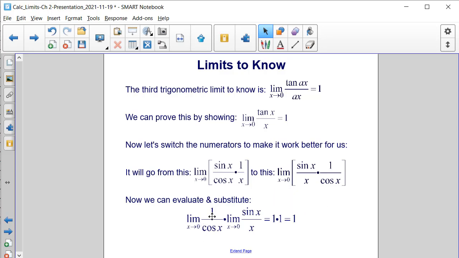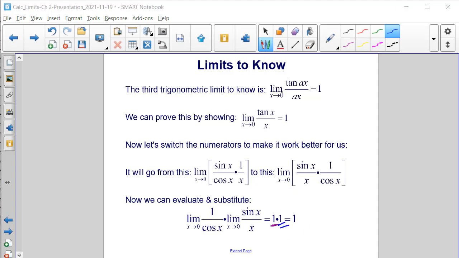We have the limit of 1 divided by cosine of x as x approaches 0. If we substitute 0 in for x, cosine of 0 is 1, and 1 over 1 is 1. So that's how we get this value. And this other one, the limit of sine of x divided by x as x approaches 0, is also equal to 1, and we've proven that. And then 1 times 1 is equal to 1.